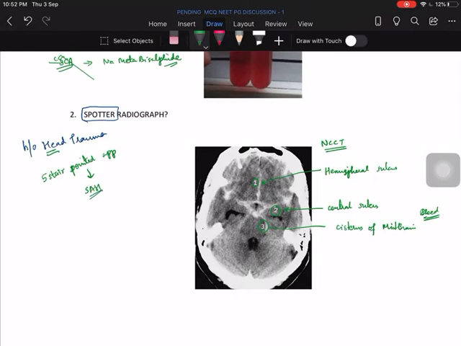The patient will have thunderclap headache. Other images you should see of NCCT are of EDH, SDH, and MRI of diffuse axonal injury.